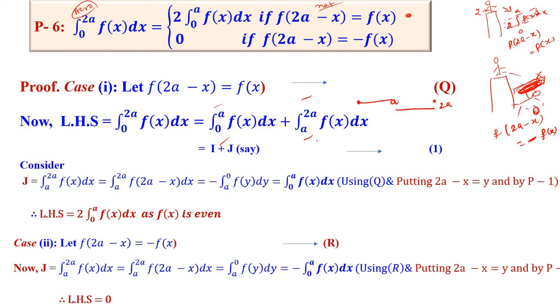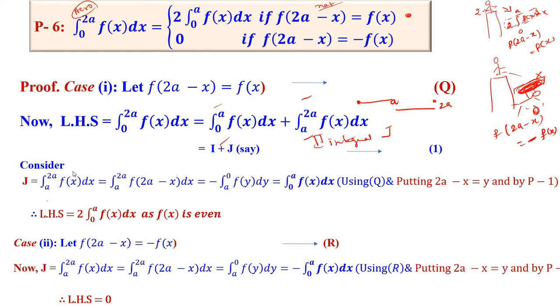So now we shall consider the second integral, and that is taken as J. So integral a to 2a f of x dx.